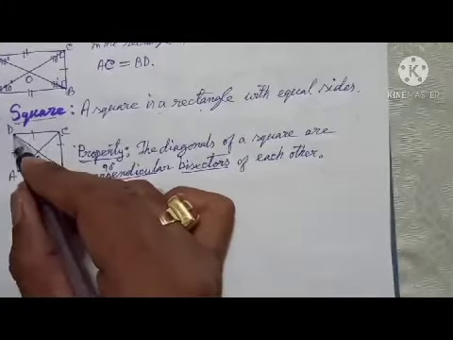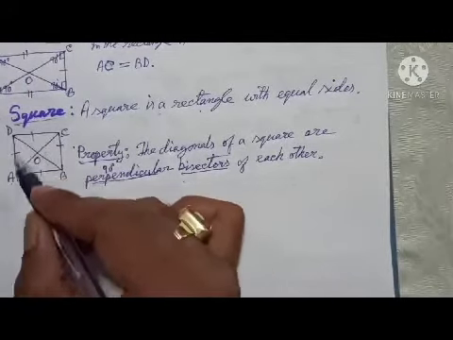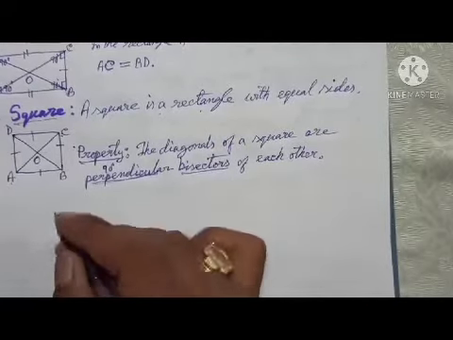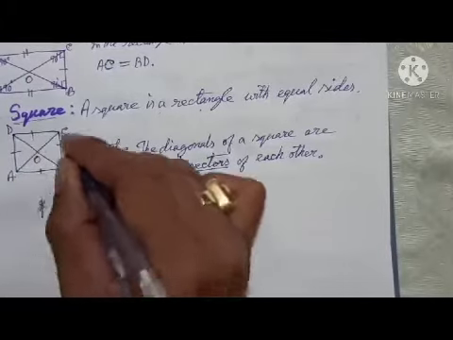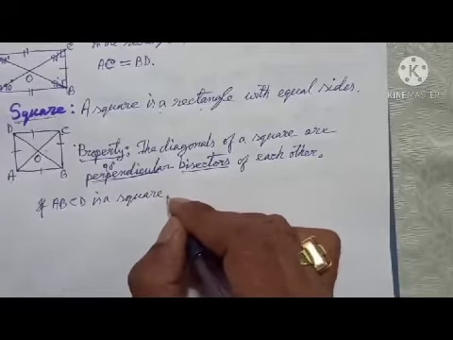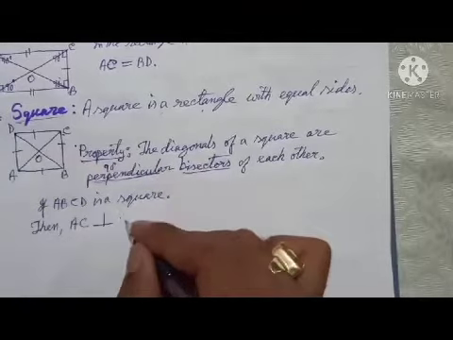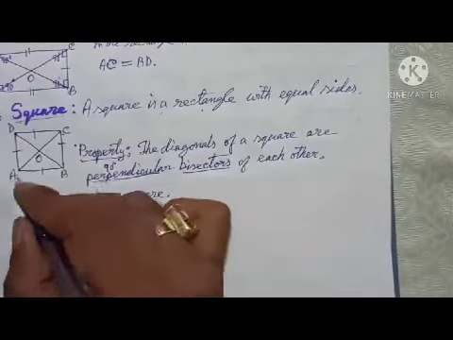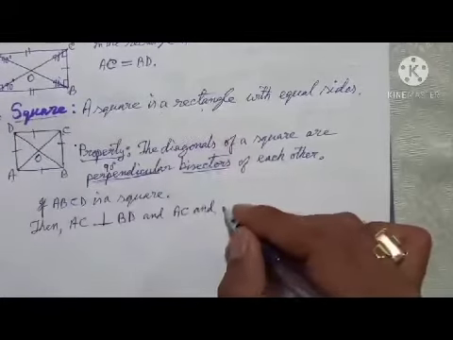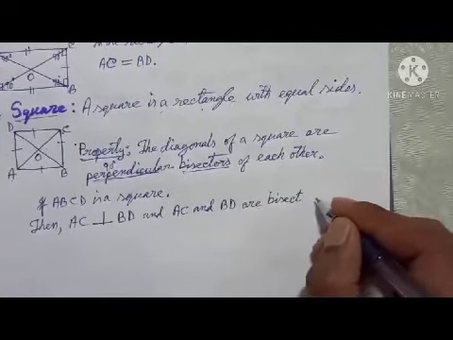So if ABCD is a square, then diagonal AC is perpendicular to diagonal BD, and AC and BD bisect each other.